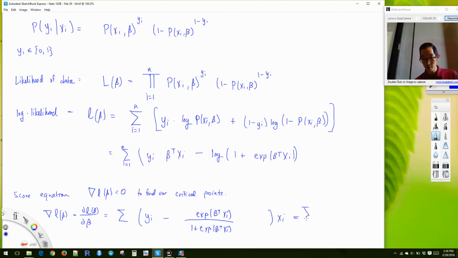Here I get the sum of y sub i minus the probability of x sub i given beta, times x sub i.